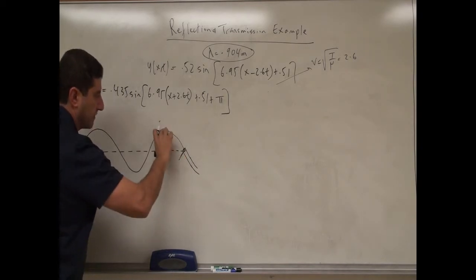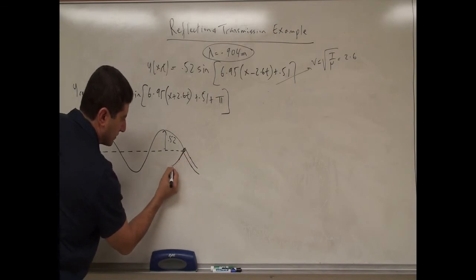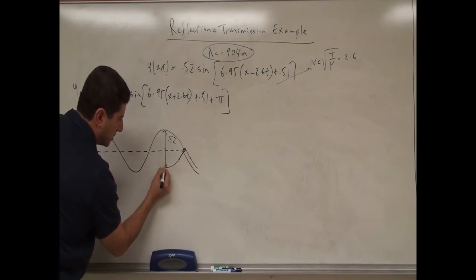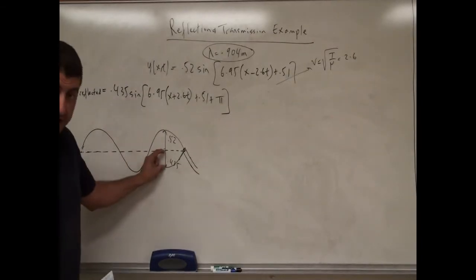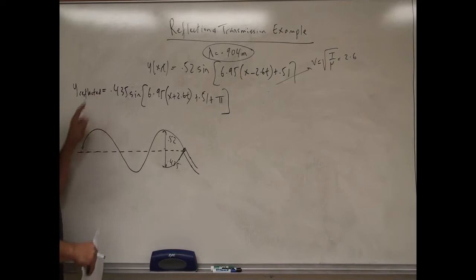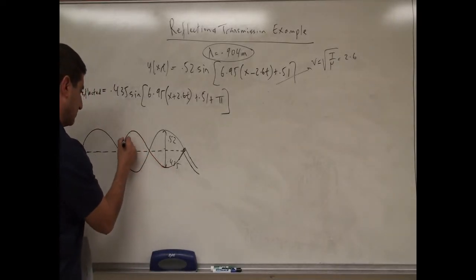So if this is 0.52 from here to here, this one is 0.435, so something like this, shorter, 0.435. Shorter in the sense of the vertical, the amplitude. The wavelength is the same, so it goes back like this. The wavelength is exactly the same.